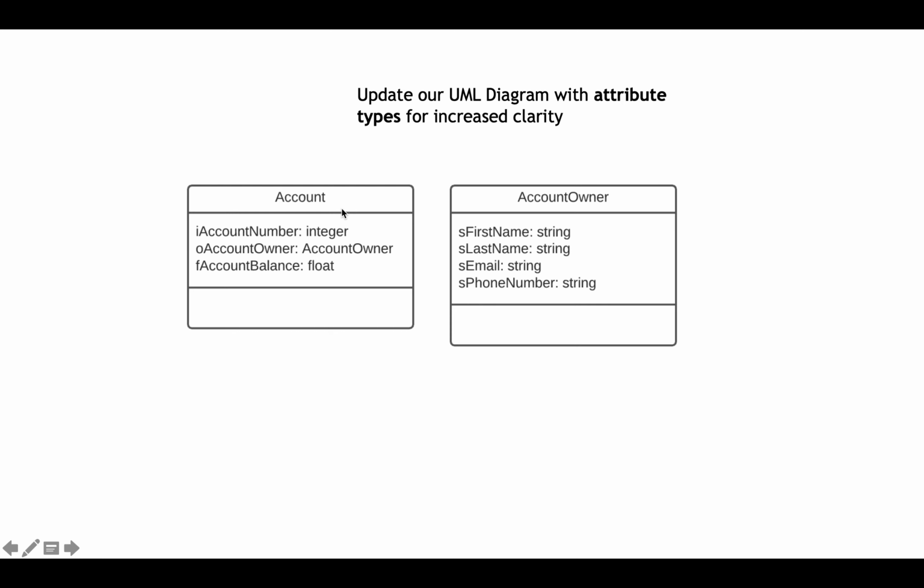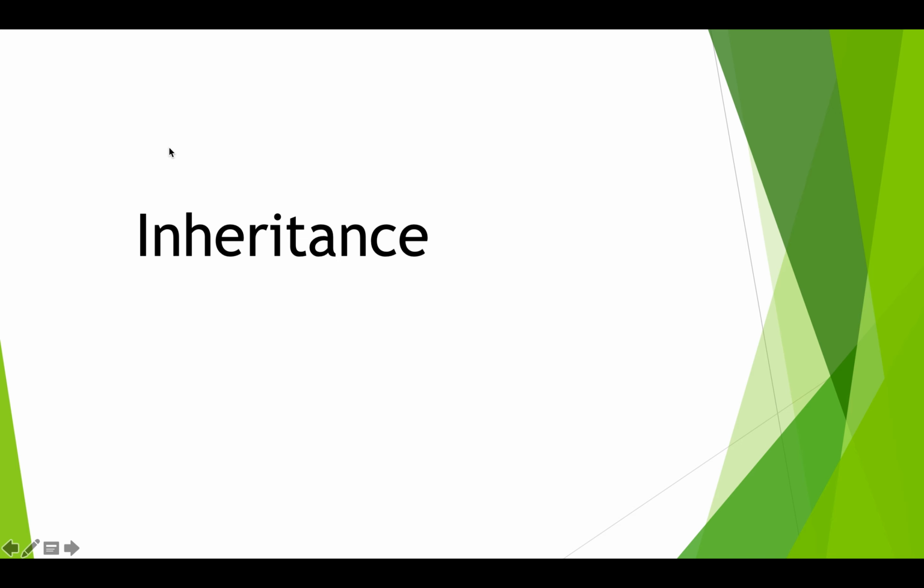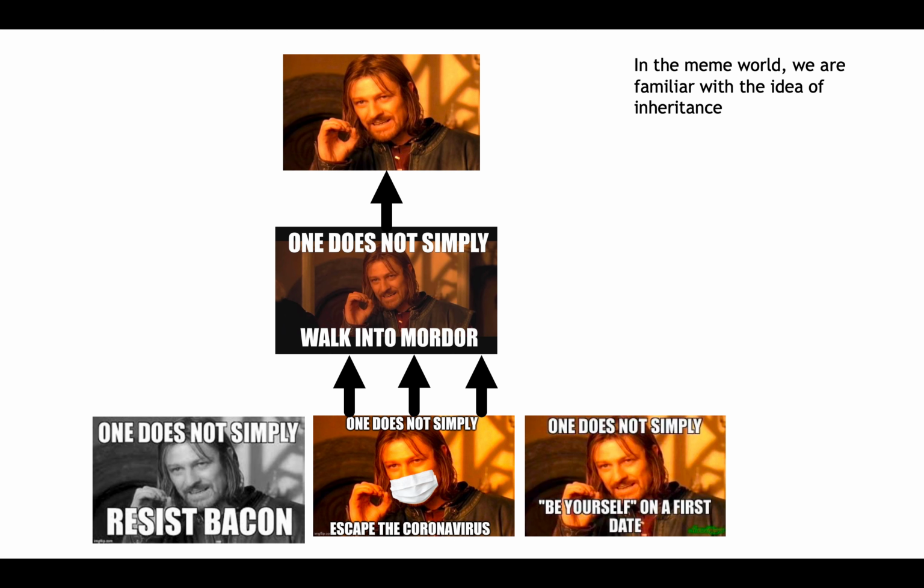But in this case, this simply helps us understand what type of variable we're planning to use. So of course, the account number is going to be an integer. The account owner is going to be of type account owner, which is over here, and here's the things that are part of that.